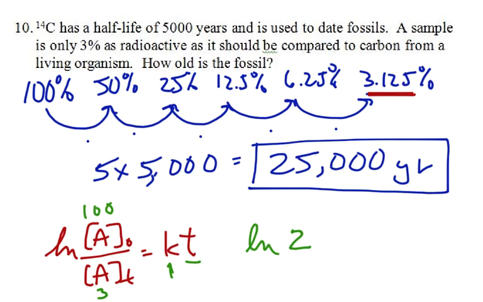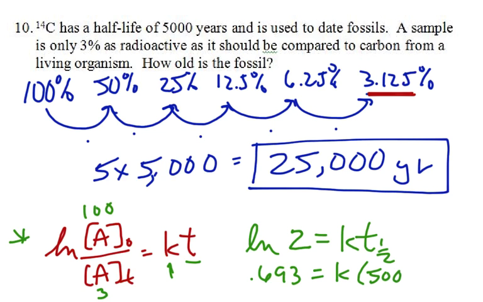Anything. So it's always going to come out to be the natural log of 2 equals k times the half-life. So for the special case of half-life, this is true, and the natural log of 2 is a constant, 0.693 if you do it on your calculator, equal to k times, in this case, 5,000 years.